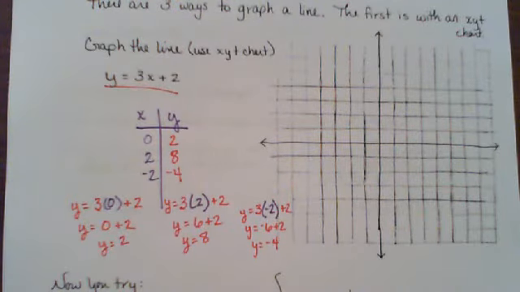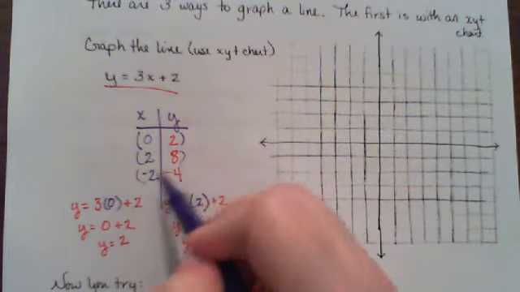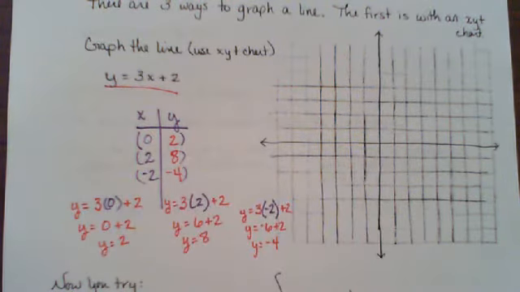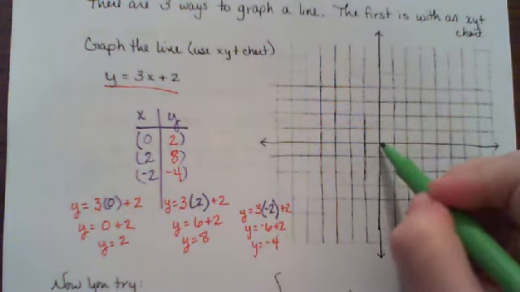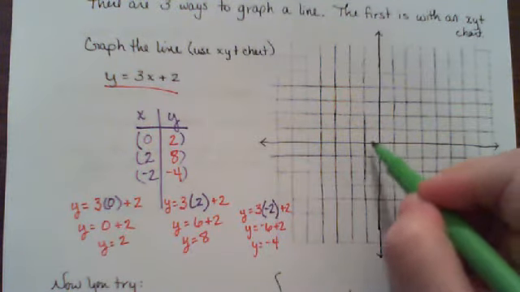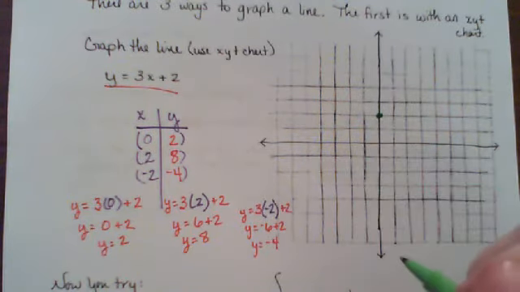Now that I've matched them up, all I need to do is create my points, because those are my coordinates that I'm going to use. So now I have to find those coordinates on my coordinate plane. That's this thing over here. So the point 0, 2: start from here, go left and right 0, and then up 2. That's that dot.